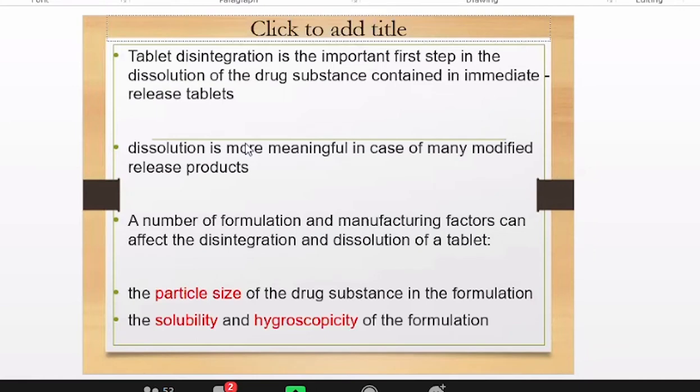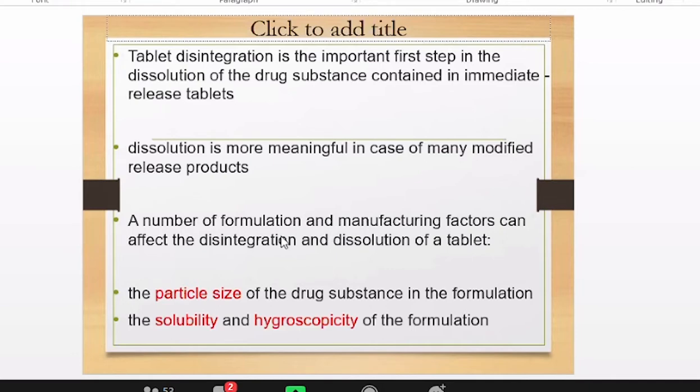So we see that if you start dealing with products such as sustained release products, which we don't require to disintegrate, in fact, these shouldn't disintegrate, as a measure of drug release, we use the dissolution process.